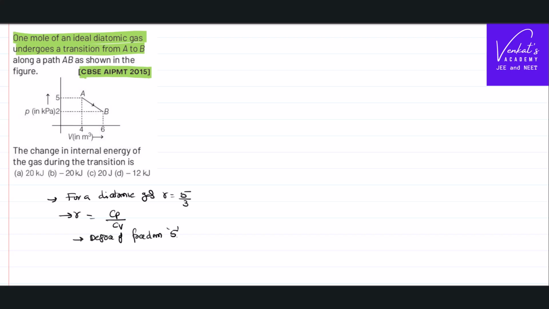Right? Taking that into consideration, along the path AB as shown, what is the change in internal energy during this process? That's what the question is, right? So let's try to understand according to first law of thermodynamics, dq equal to du plus dw.